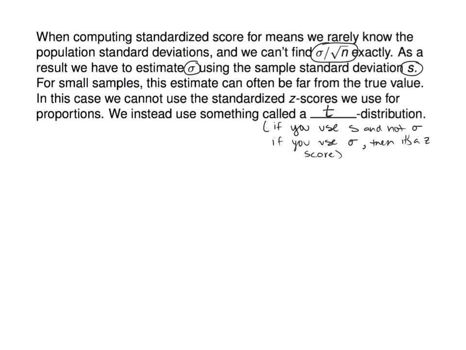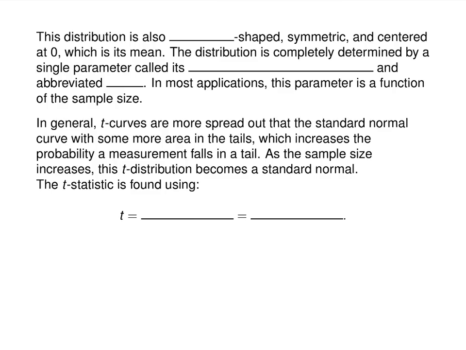So we'll get more into t-values, and we'll have a table for t-values in a later lesson, but for now, you use a t-distribution if you have a standard deviation of S, and here are some properties of that distribution. This t-distribution is also bell-shaped. It's also symmetric, and it's centered at 0, which is its mean, much like the standard normal. The distribution is completely determined by a single parameter called its degrees of freedom, abbreviated df.